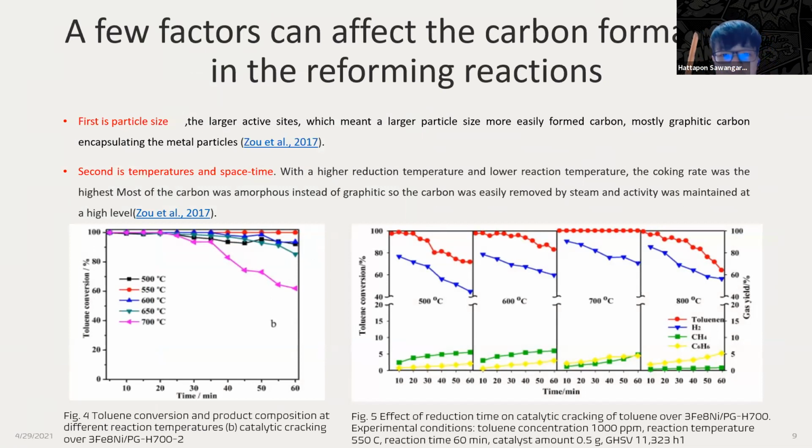With a higher reduction temperature and low reaction temperature, the coking rate was the highest. The mass of carbon is amorphous, in excess of graphene, so the carbon was easily removed by steam and activity maintained at high level.